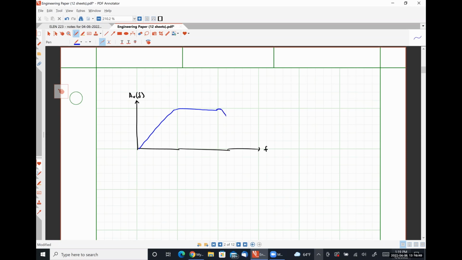Imagine that line is flat. And this is a poor looking Bode plot because I can't draw, but that's what it's meant to be, okay?